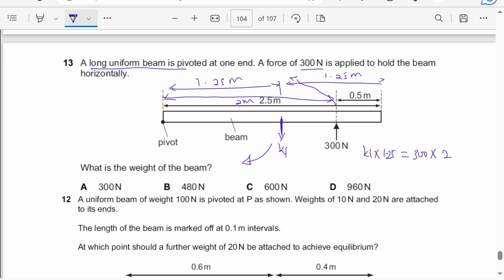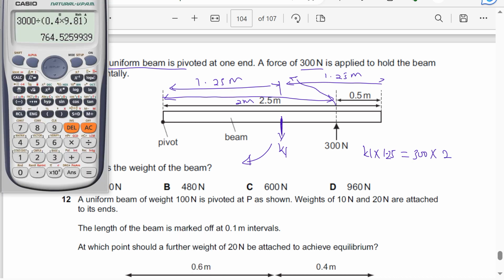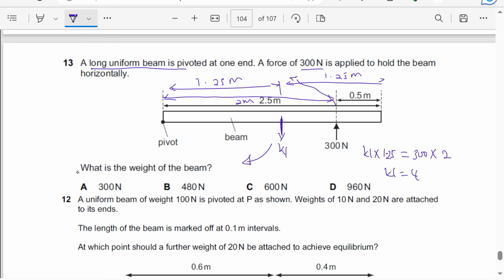So what is W? We have 600 divided by 1.25, which is 480. So W is 480 newtons. So the answer is going to be B.